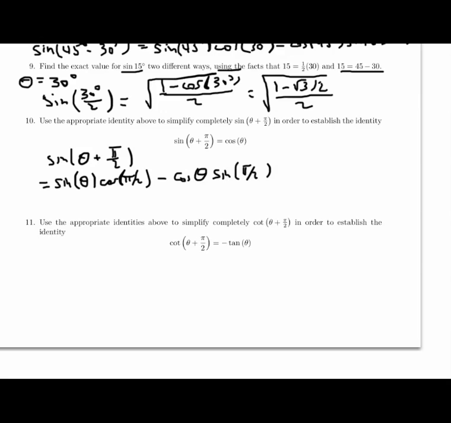And the fact is that because one of those angles is actually known, pi over 2, I know cosine of pi over 2 is 0, and I know sine of pi over 2 is 1. So this is sine of theta times 0 plus cosine of theta times 1. Oh, sorry, it should be plus.